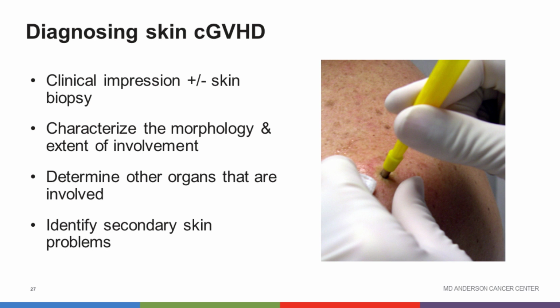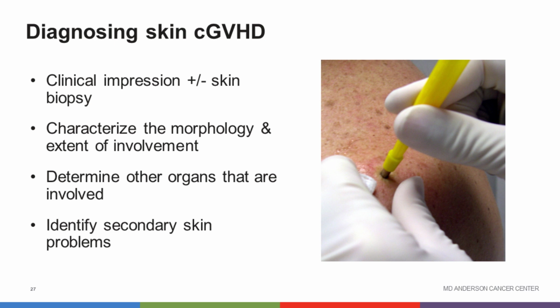I need our pathologist's help. What I'm showing in this picture here is a punch biopsy. A punch biopsy is done right at the bedside with a little bit of local anesthesia. We take a little core of skin out, and we either let that area heal or we put a stitch in it, and we send that little core of skin to the pathologist to help us make the diagnosis histologically of graft-versus-host disease.